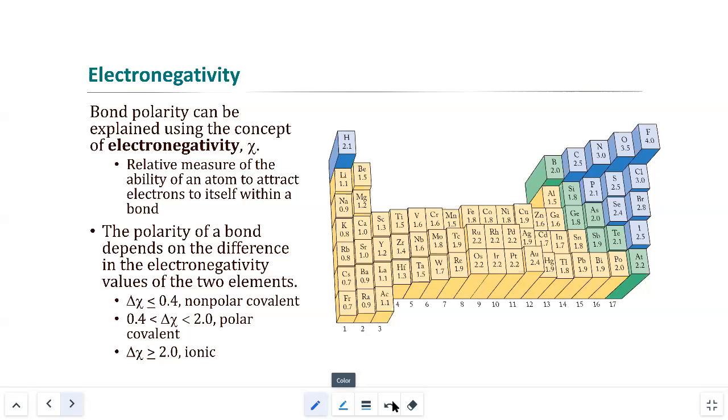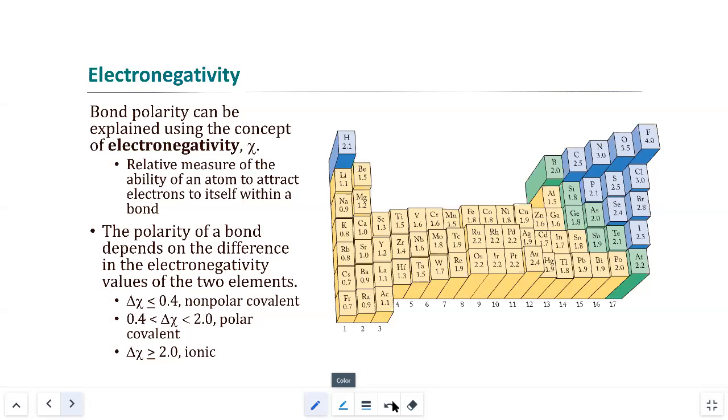If it's polar, it's only slightly polar. In our example, we had hydrogen chloride. The difference between hydrogen 2.1 and chlorine 3.0 is 0.9. That is right in the middle of the polar range. Polar range is anything up to about 2.